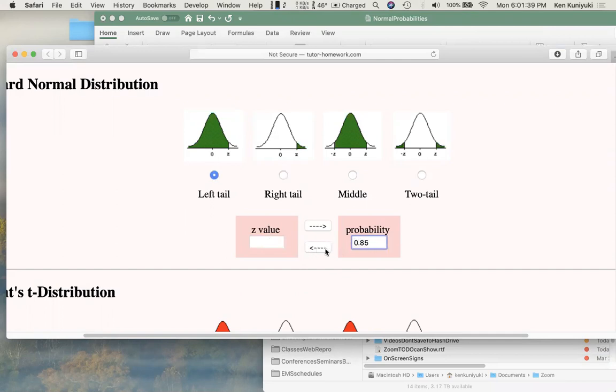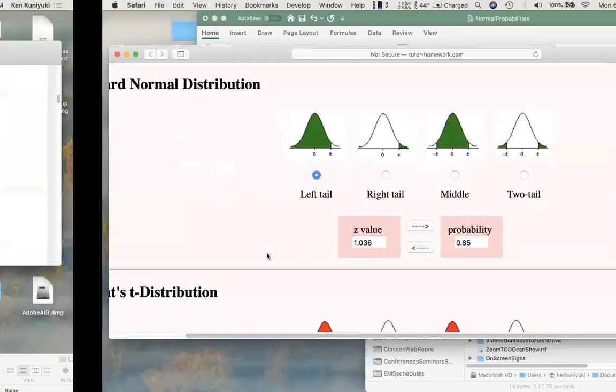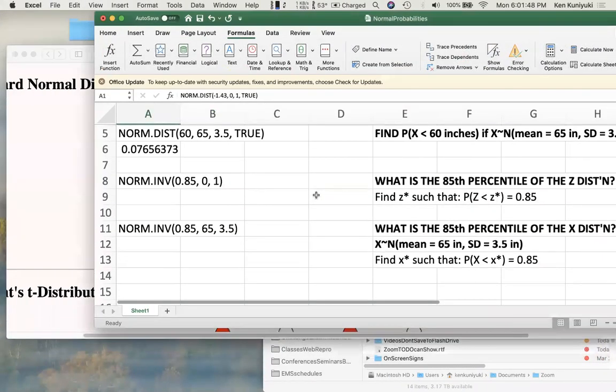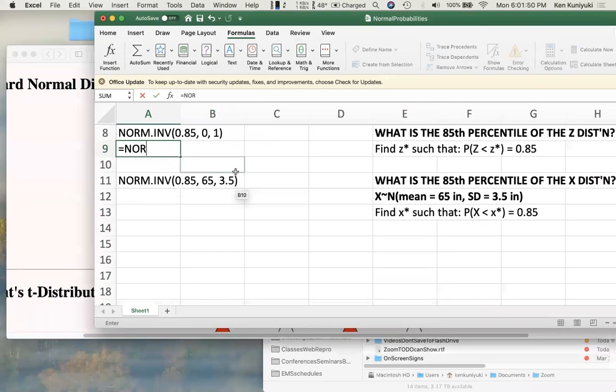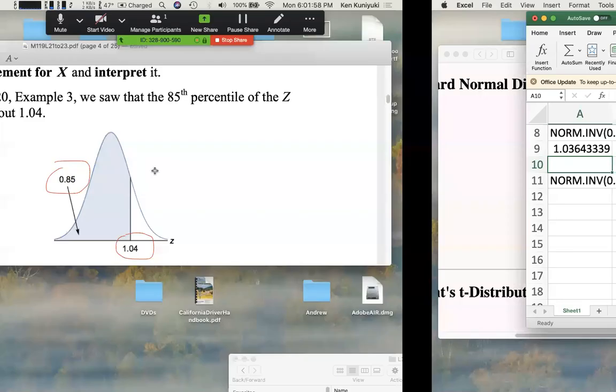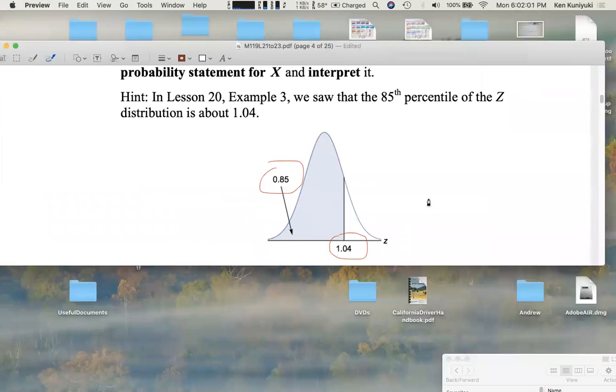What's the corresponding z-score from right to left? About 1.04 to 2 decimal places. Back here in Excel, norm.inv, we're doing the inverse problem, going from probabilities to z-scores, about 1.04. Okay, so we're going to use this hint.